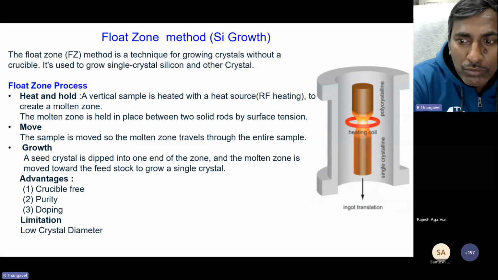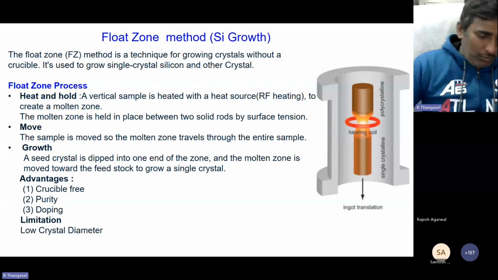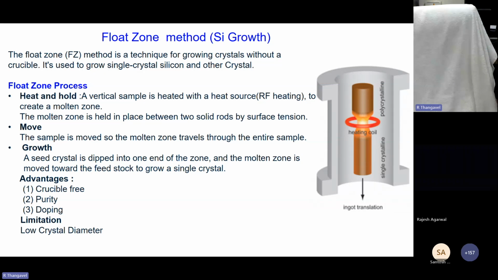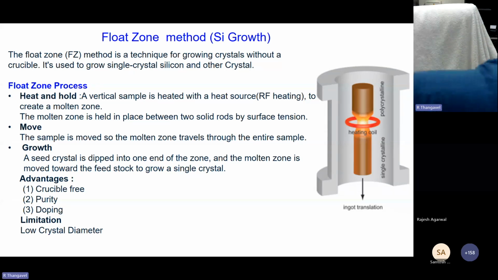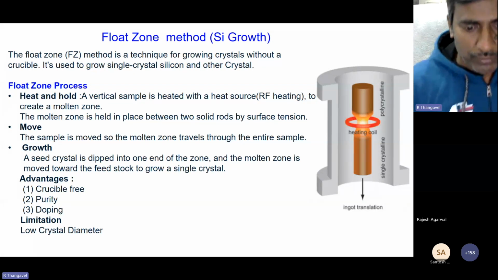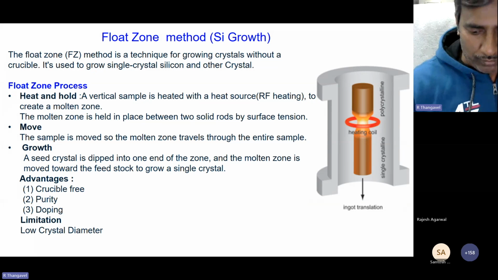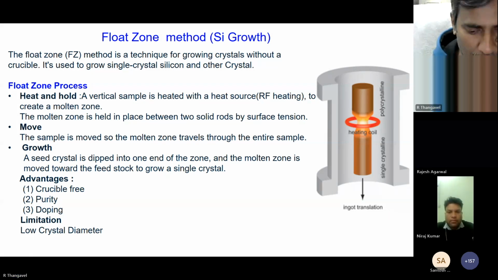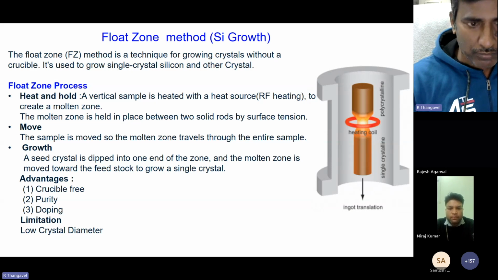By moving this rod, a seed crystal is dipped onto one end of the zone, and the molten zone moves towards the feedstock to grow the single crystal. The basic advantage of float zone is that because it is crucible free, the purity is high, and one can dope it. The limitation is that the diameter is small, but it is a very important technique because the purity is very high. In the case of silicon, the oxygen component is very low or minimal.